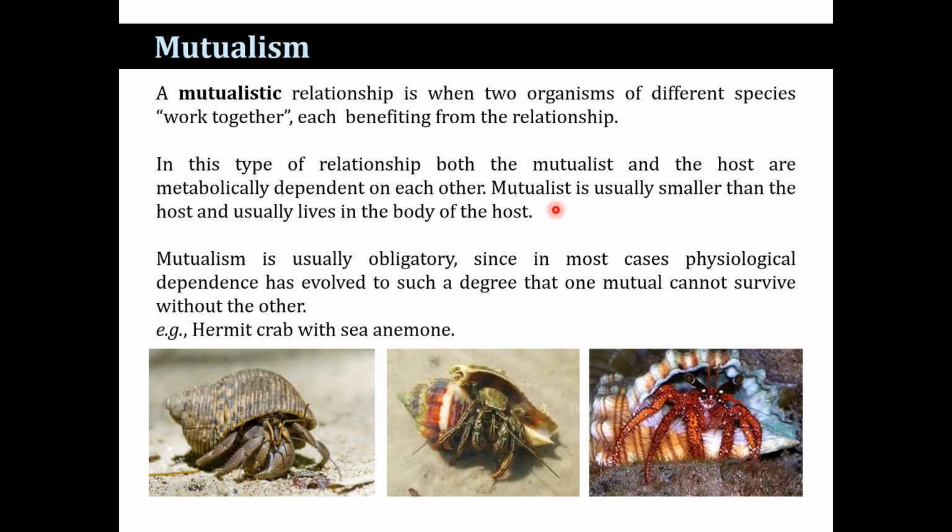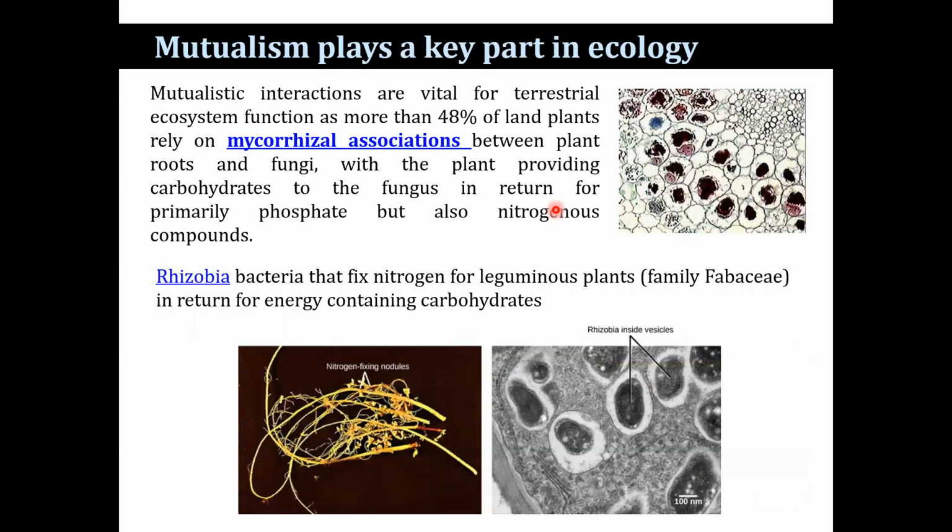Now, there is a question. Does mutualism play a key part in ecology? Yes, mutualism plays a key role in ecology. Mutualistic interactions are vital for terrestrial ecosystems, and they function as more than 48% of land plants rely on the mycorrhizal association between plant roots and fungi, with the plant providing carbohydrates to the fungus in return for primarily phosphate, but also nitrogenous compounds.